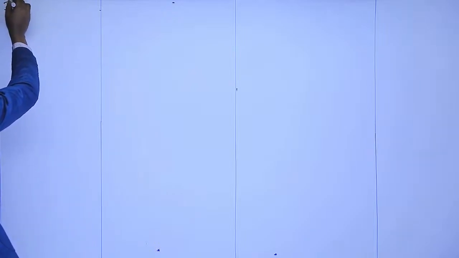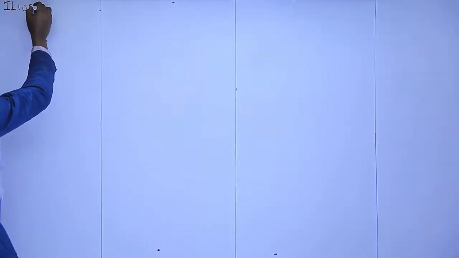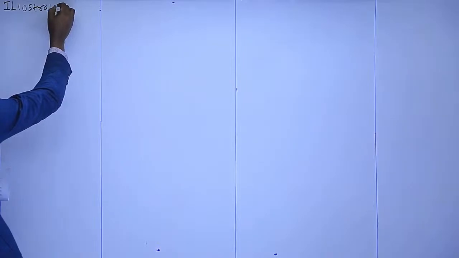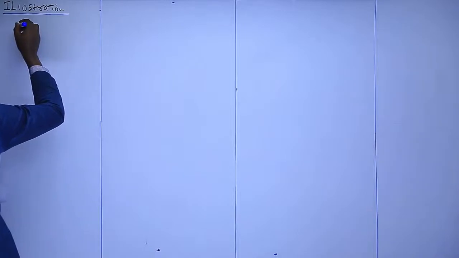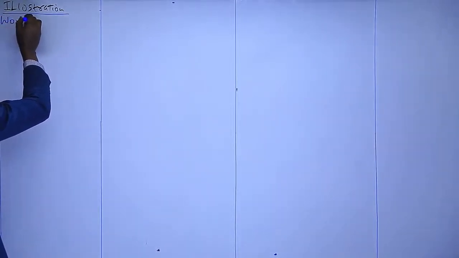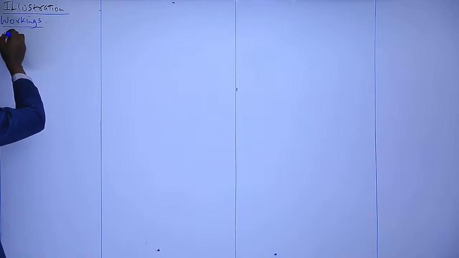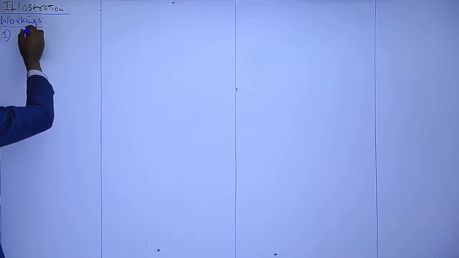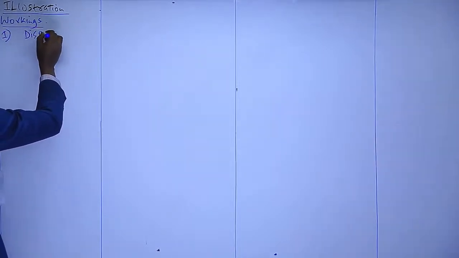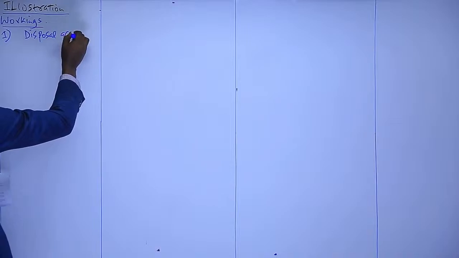Remember, this is an illustration on the topic of published accounts. So we start with the workings, and working 1 will be the preparation of the disposal account.